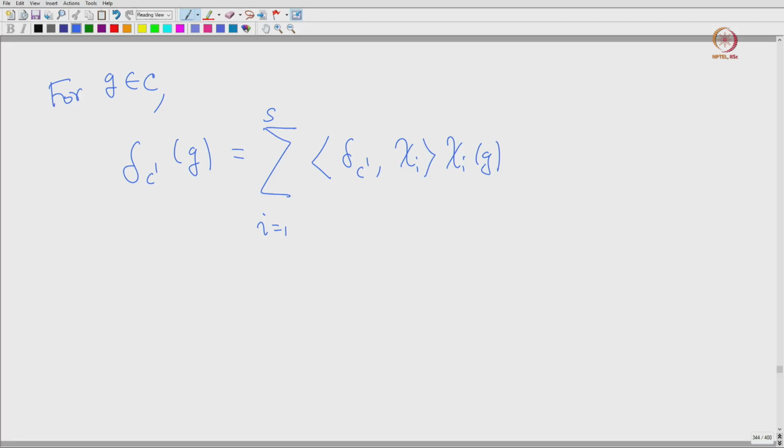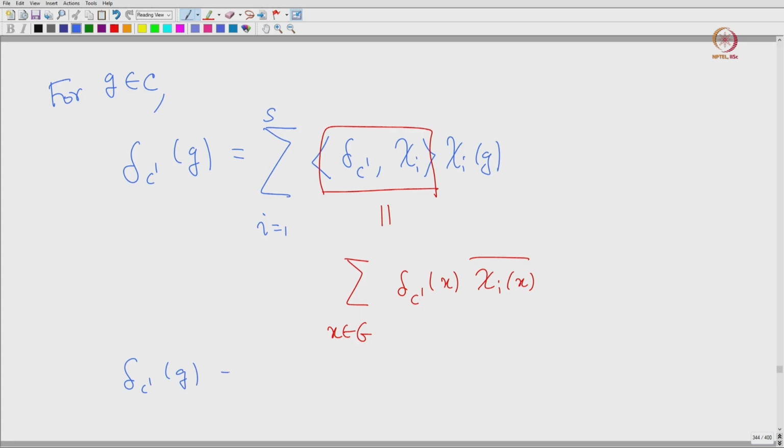Now, if we rewrite this, the inner product is the summation over x in G of delta C dash of x and chi i of x bar.